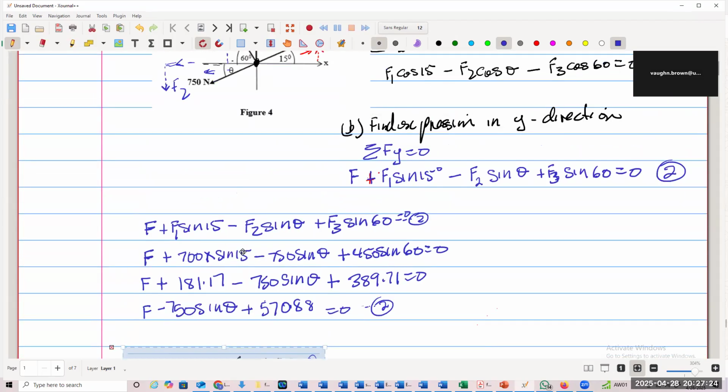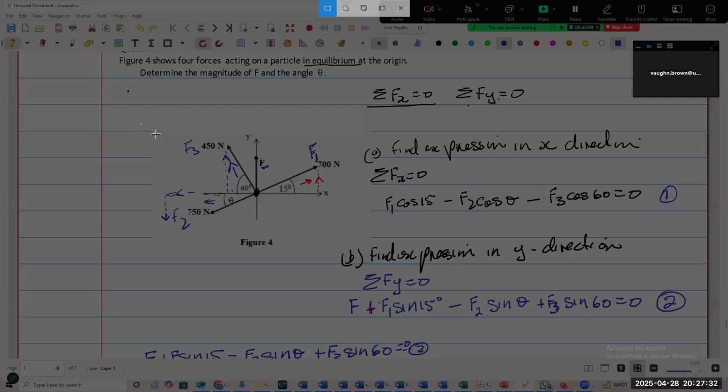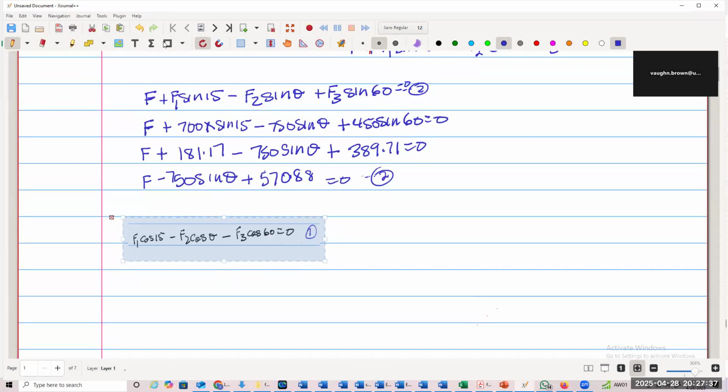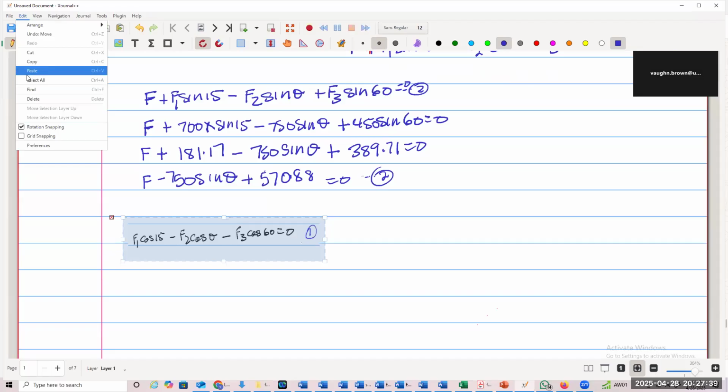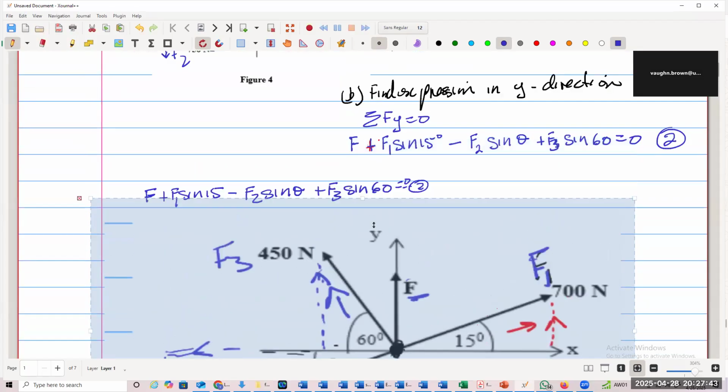Now we need to make sure that we can see the symbols. I need to remember what is F1 and F2. That is a challenge when I do it this way, because I can't see up the top here at all.